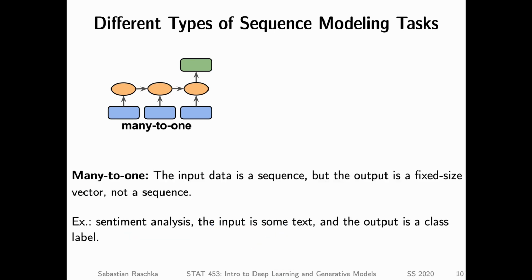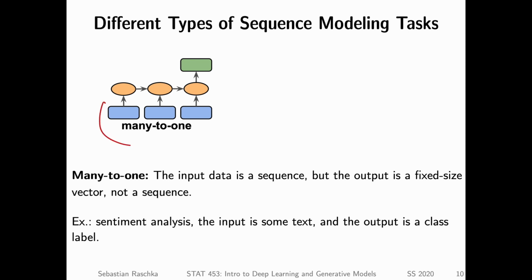The simplest one would be the many-to-one sequence modeling task. This is the task I mentioned to you in the very beginning, where we talked about text classification. For example, you can think of it as sentiment analysis. You want to analyze whether a tweet on Twitter is positive or negative, for example, having a positive or negative opinion about a topic. Or you can think of it as movie classification: is this movie review a good or bad movie review?